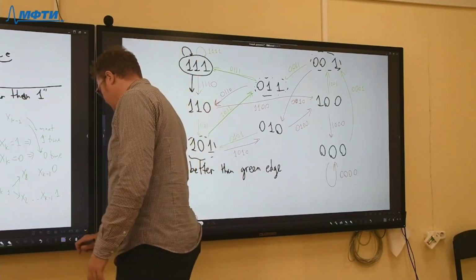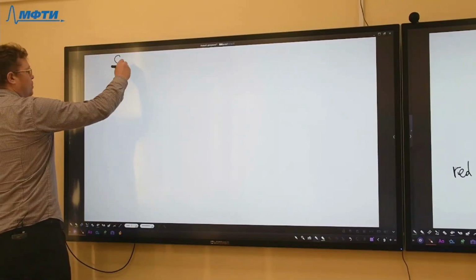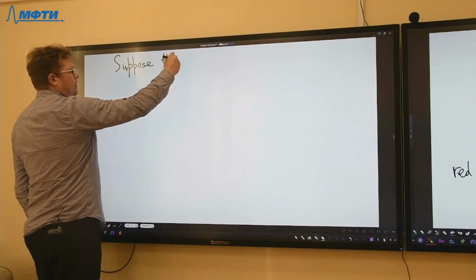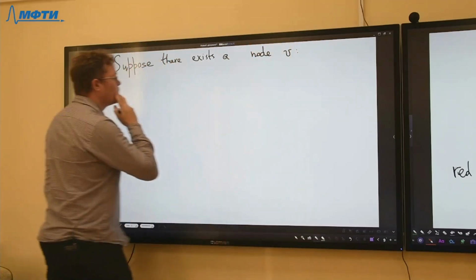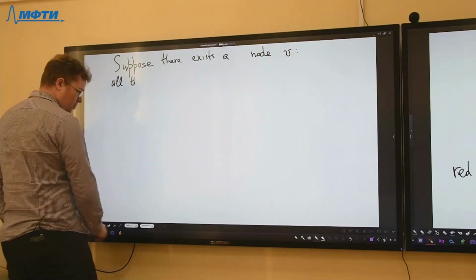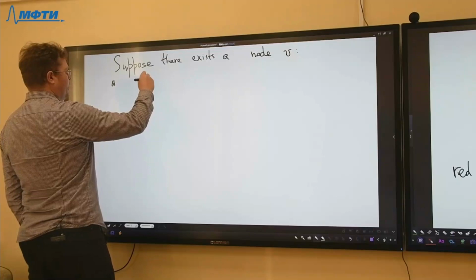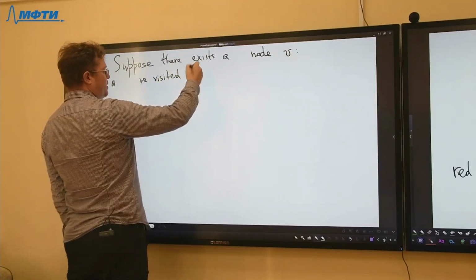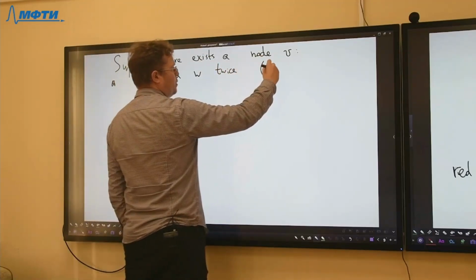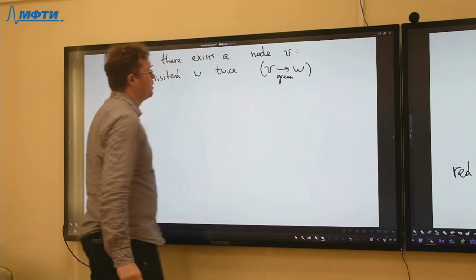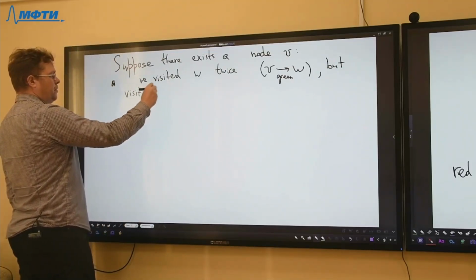Okay, maybe I will write some text here. Suppose there exists a node V such that we visited the next green vertex after, we visited W twice, and we have this situation, but we visit V less than 2 times.